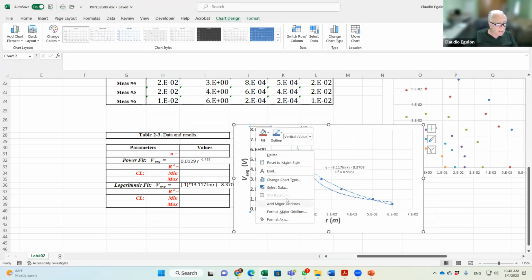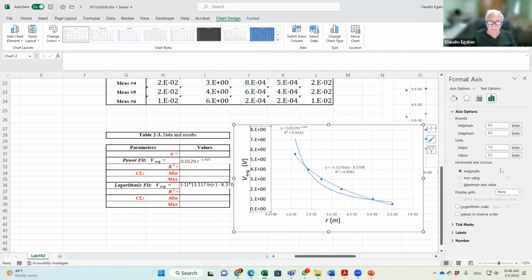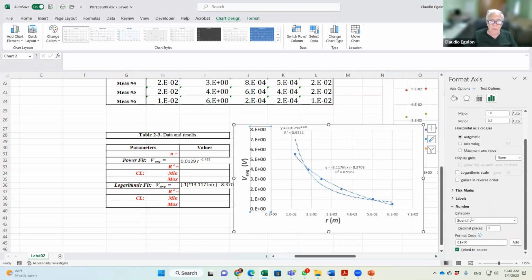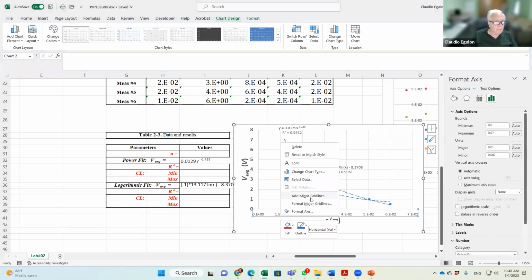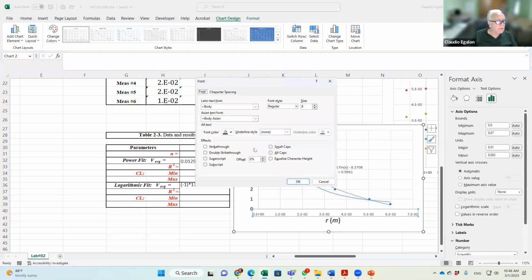Format axis, number. Instead of scientific, you put number. And 0, 1, 2, 3, 4, 5, 6, 7, 8. Okay, good. And here, font 12.